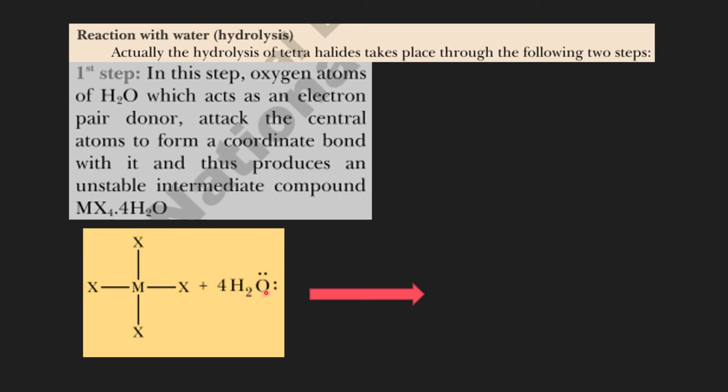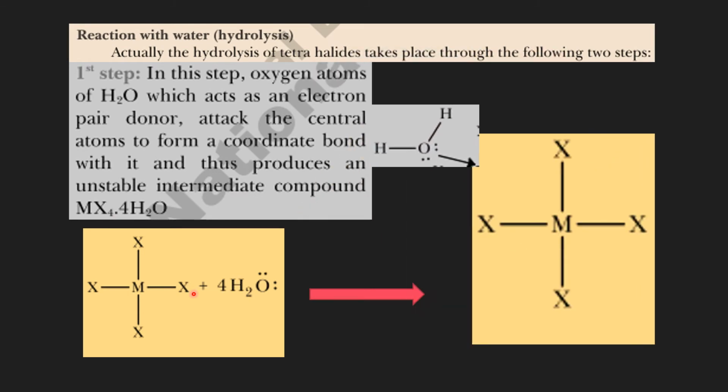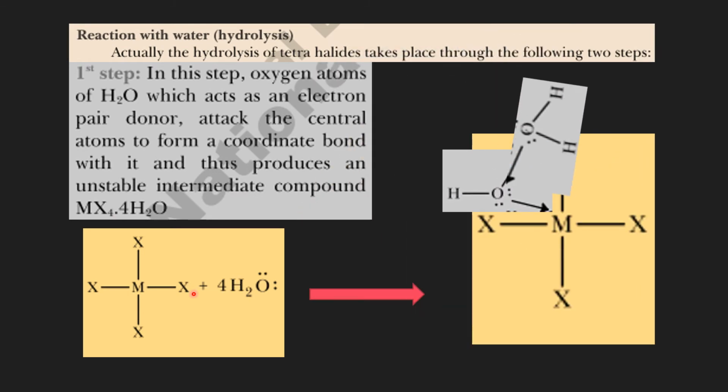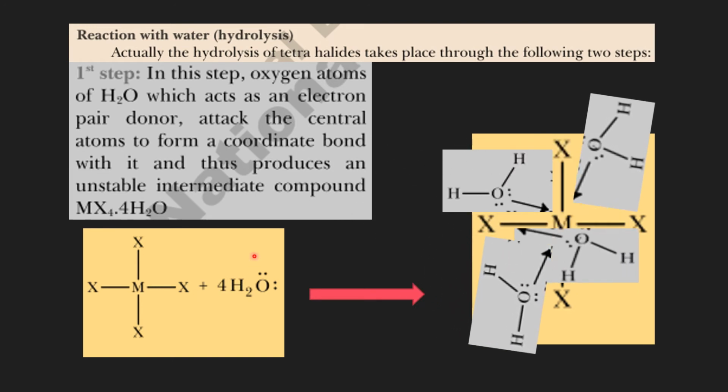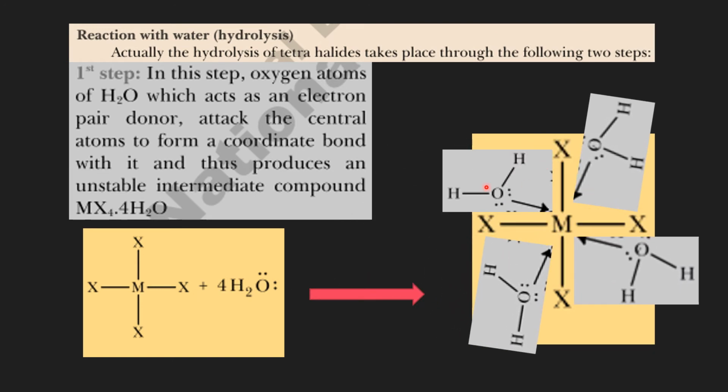So four water molecules, through their oxygen atoms, form coordinate covalent bonds with this central atom and form an unstable intermediate compound. You can clearly see how these water molecules are arranged, their oxygen atoms having the lone pair of electrons form the coordinate covalent bond with this central atom.